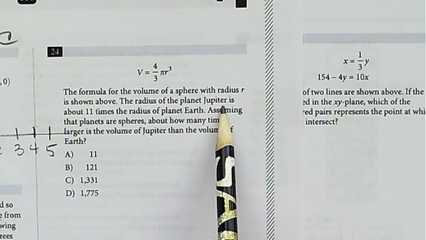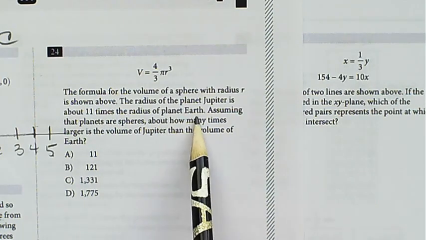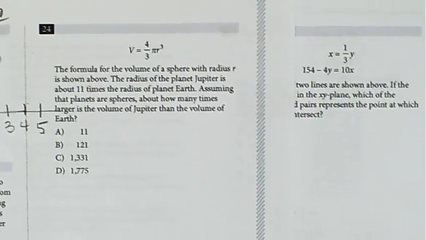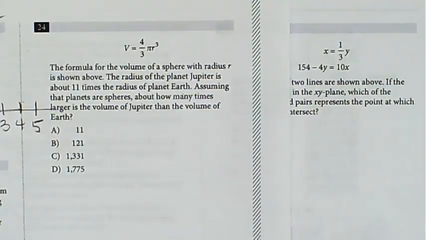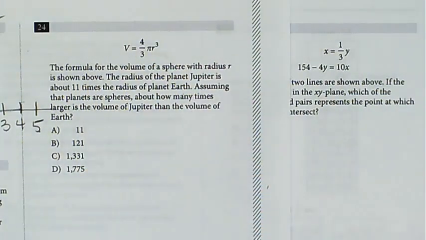The radius of Jupiter is 11 times the radius of planet Earth. Now this might be one you say, I'm going to skip. That's fine. This one is something we really haven't done yet. I'll show you how to do it. If it's something like this on the test and you're overwhelmed with it, just skip over it. Remember, if you get even half of these right, you're going to be in good shape.